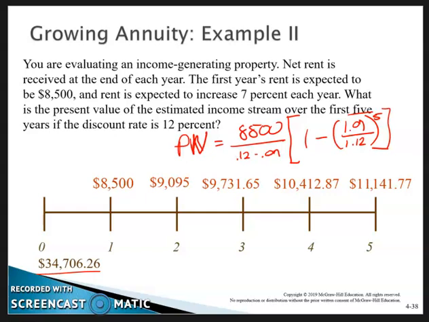The other fairly simple way to calculate these is using a graphing calculator if you happen to have one.